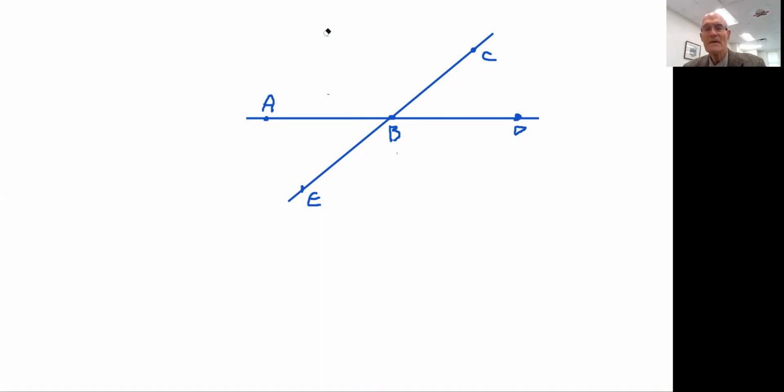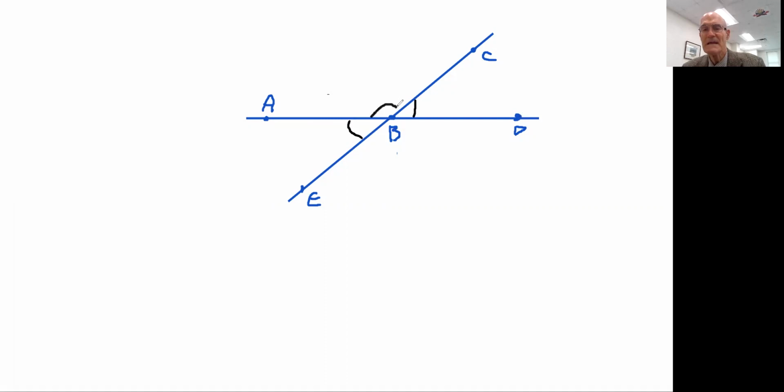Now, let me go back. So when you have two lines intersecting, you form two pair of angles that are the same size. Angle CBD and angle ABE are equal. They are vertical angles. I always just say you cross your hands and you create two pair of vertical angles.